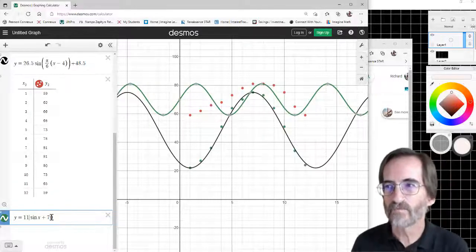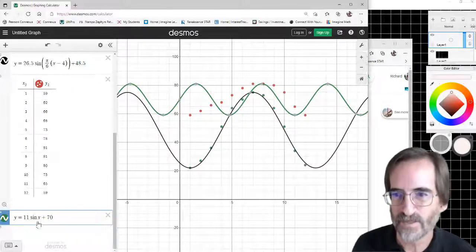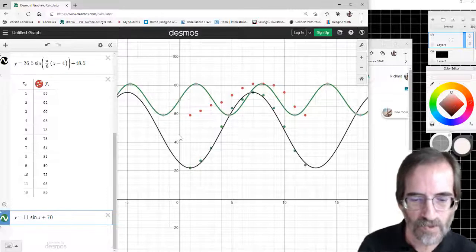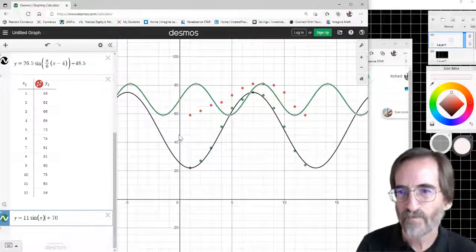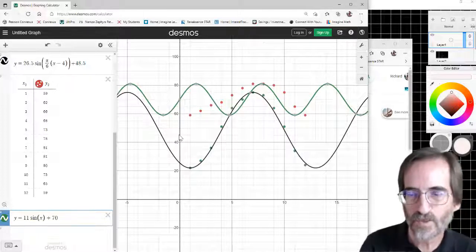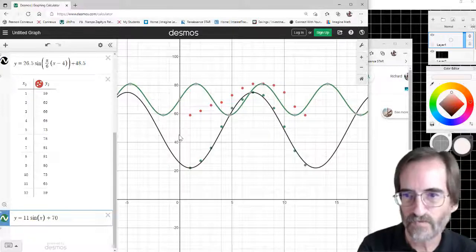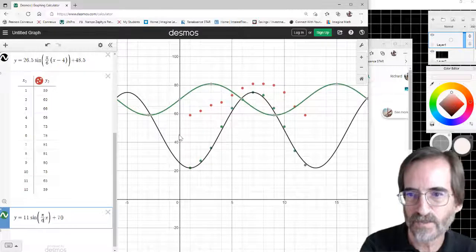Okay, the period multiplier is going to be pretty much the same, so it's pi divided by 6. That's to change from a period of 2 pi, which is about 6.3, to 12. So we're going to do pi divided by 6. There we go.